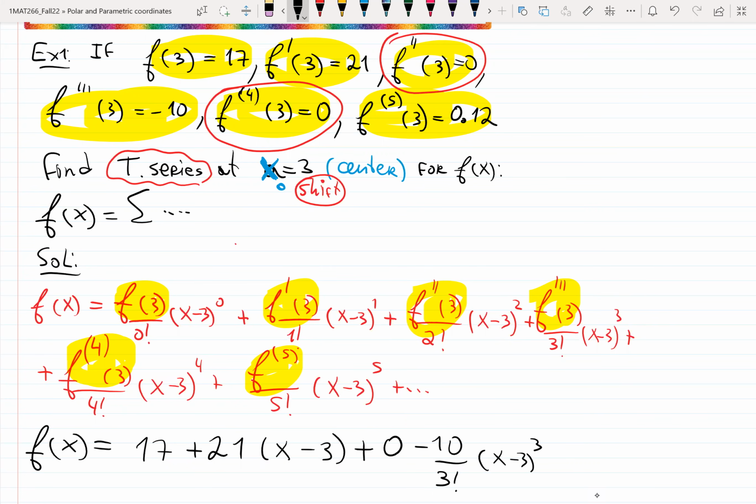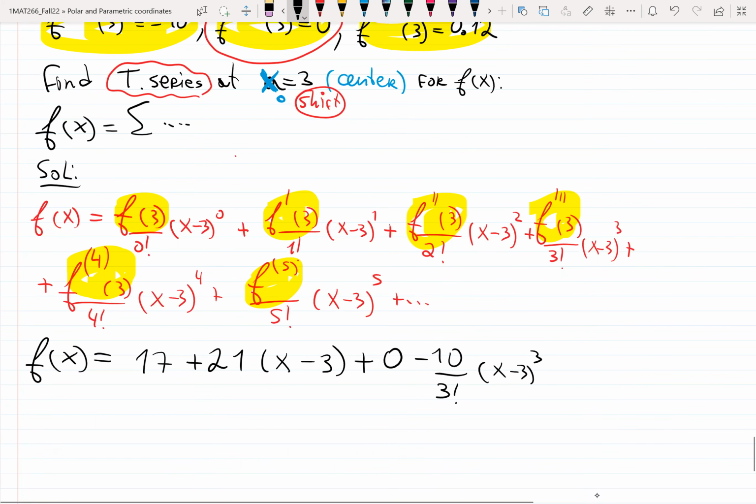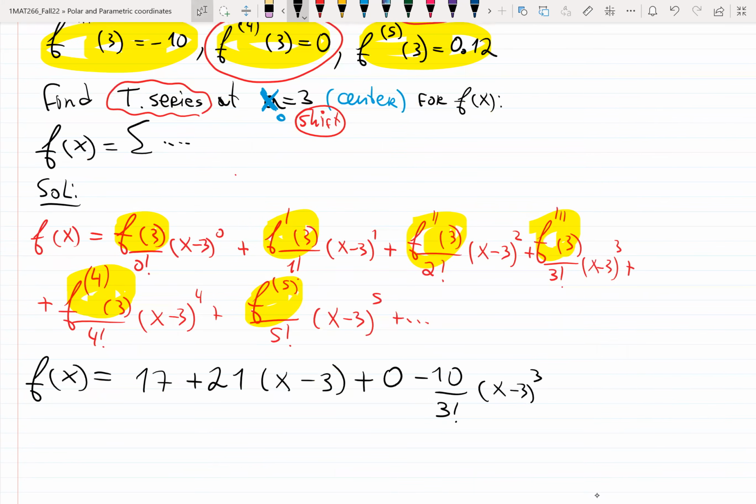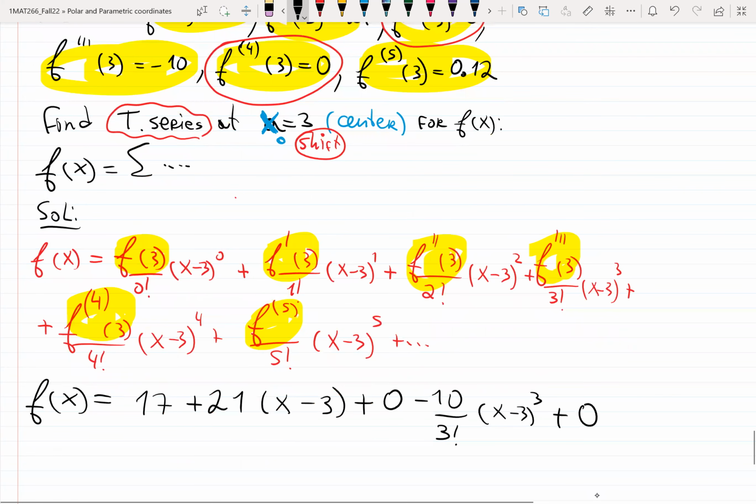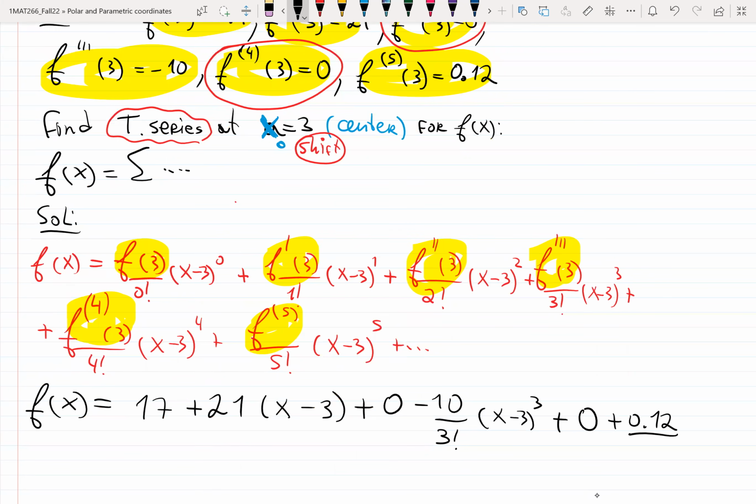Actually, people keep the pattern nicely. 0 was divided by 2 factorial, if you're curious. Plus 0, the fourth derivative is 0, plus the fifth derivative divided by 5 factorial times x minus 3 to the 5. That's when you have to be careful, 4 was skipped. Do you see what just happened?